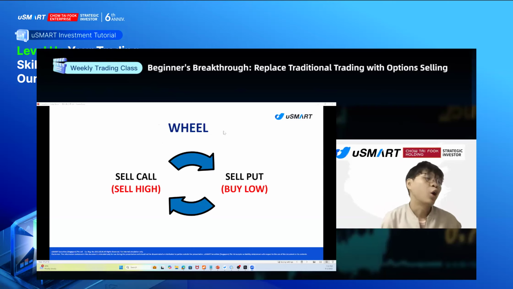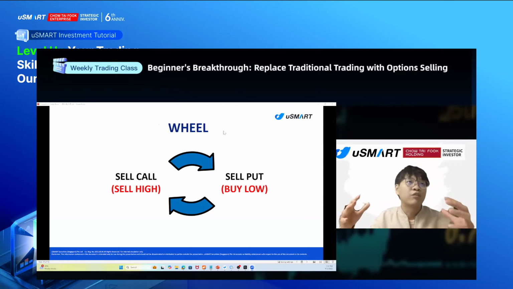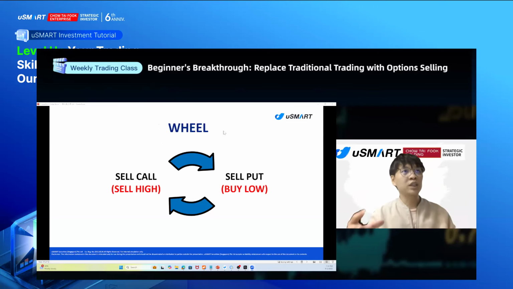He holds for a very long period of time until he thinks that it's overvalued, then he will sell. For the buy and the sell, Warren Buffett is actually using options to do so. He's not directly buying the stock. He is using options to get into and out of positions in the stock. So this is how he does it. When he buys low, he is actually doing put selling.